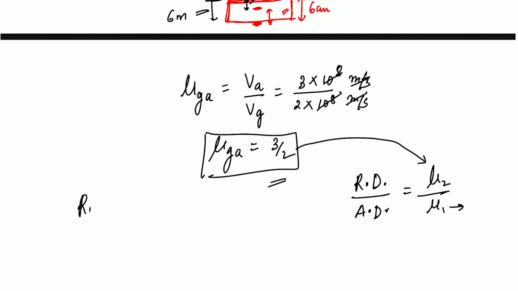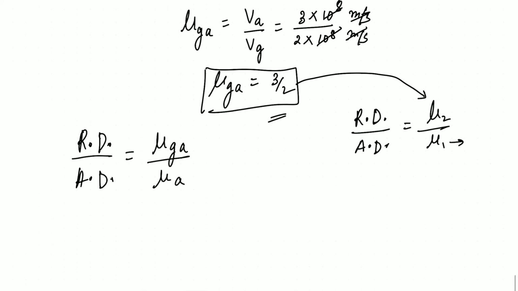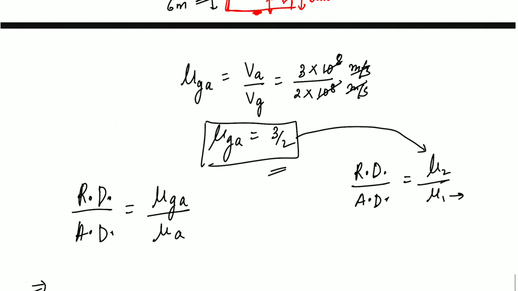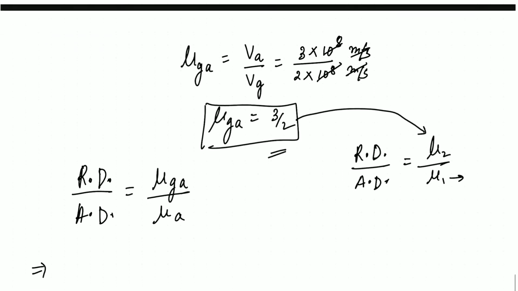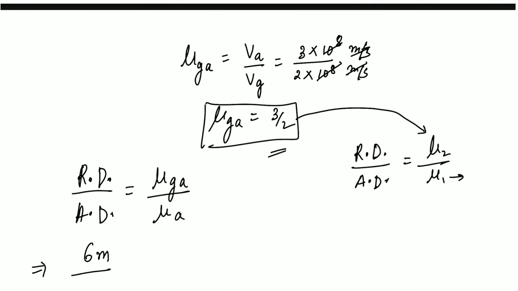So I'll simply write that out. Real depth upon apparent depth is equal to refractive index of glass with respect to air upon refractive index of air. Yes or no? All right, great. So real depth is given to you, that is 6. Apparent depth you do not know, write it like that.